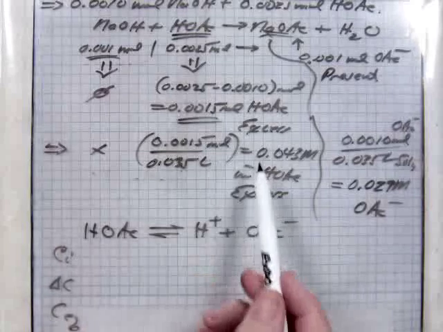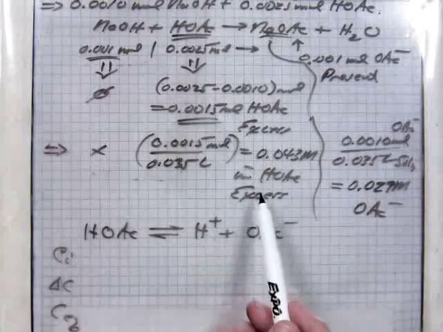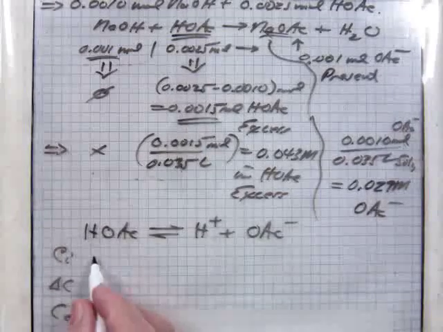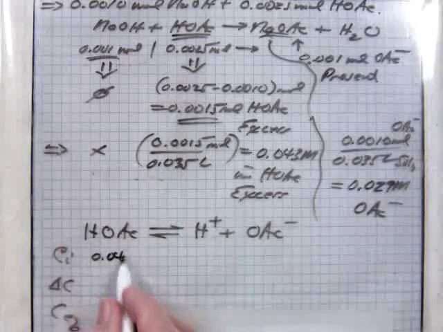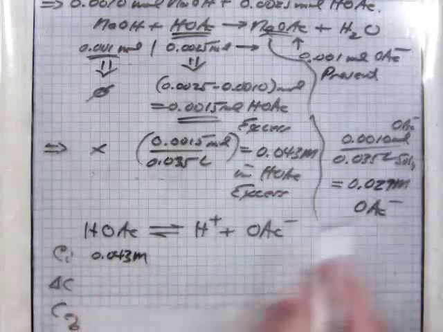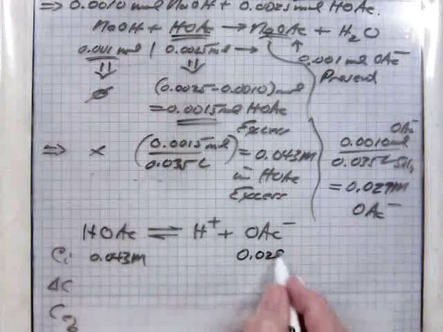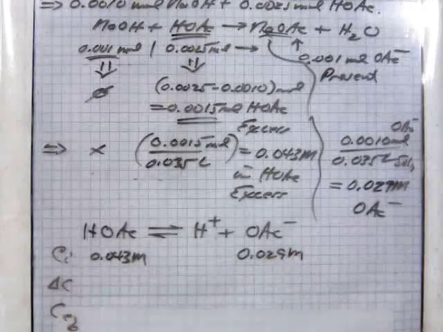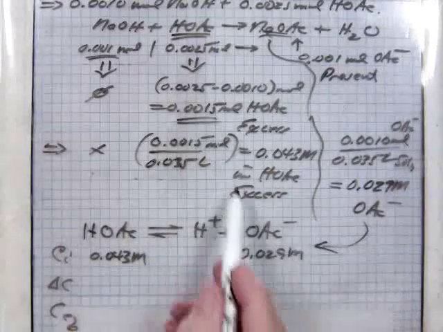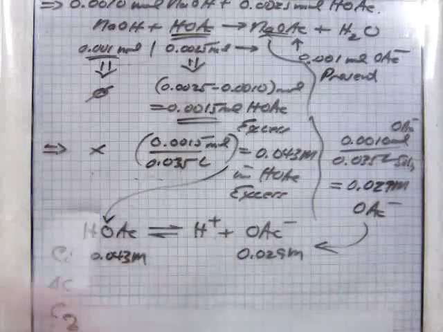So from the first titration, after adding the first 10 mils, this will be a 0.043 molar excess in the presence of a 0.029 molar acetate. So you can see how those fit into that calculation.